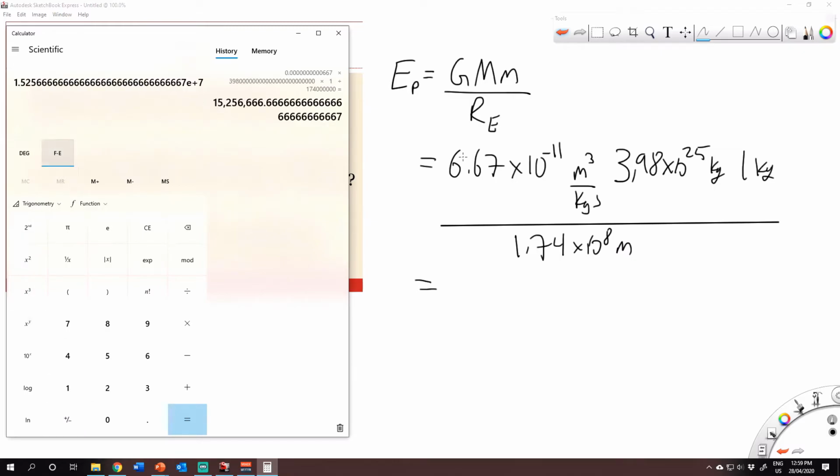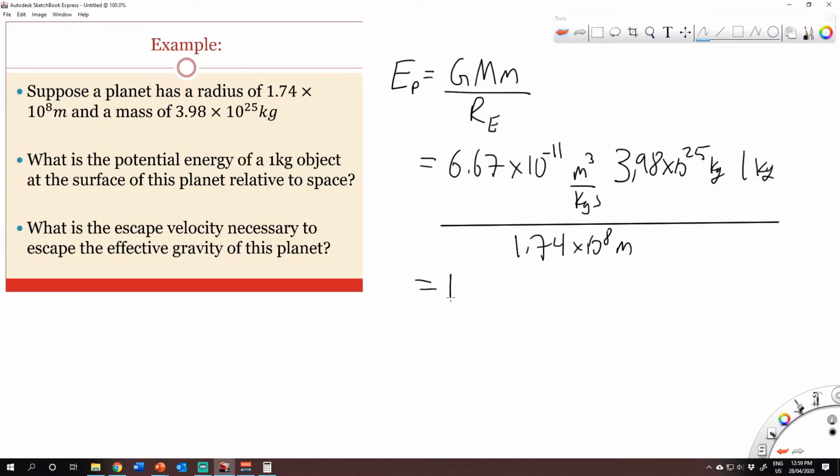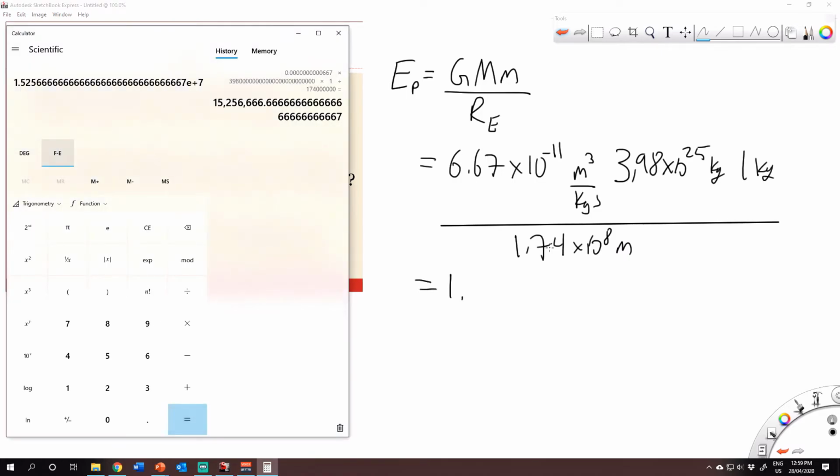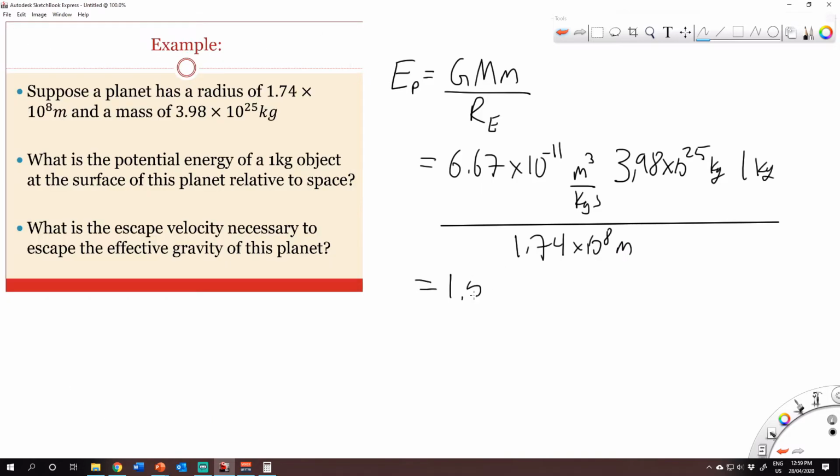In scientific notation, we got a potential energy of 1.53 times 10 to the 7, and we'll put this in joules. So this is the amount of energy.